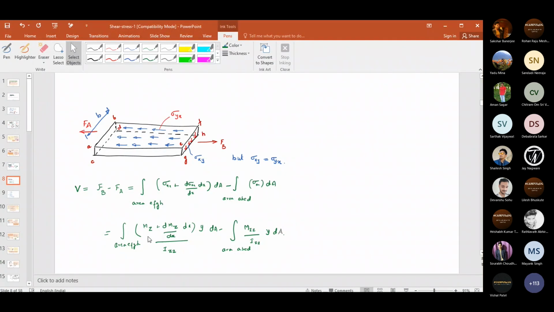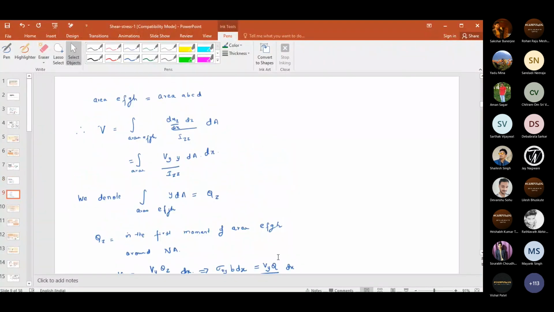Now here I can write this whole bending stress in terms of bending moment, Mz plus dMz by dx into dx, y dA divided by Iz, integral minus integral Mz by Izz, y dA. That is, I have applied here the bending equation.